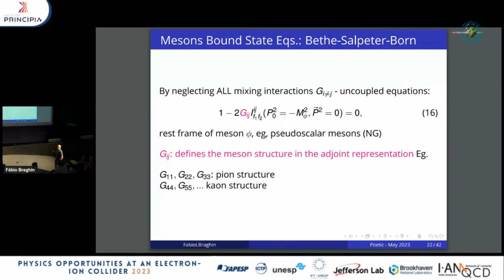These are not yet momentum-dependent interactions. They are constant interactions, but they are flavor-dependent. So each meson has a specific one. For the pion structure, the charged one, you have G11 and G22. For the neutral pion, we will have G33. And then for the kaons, for the eta, and for the eta prime, the same way.